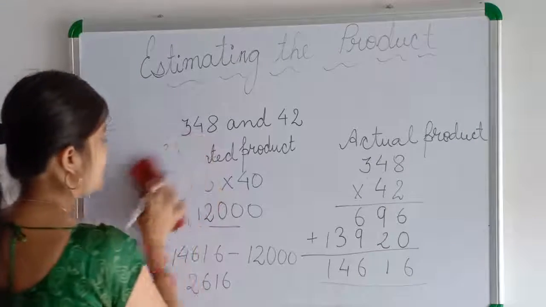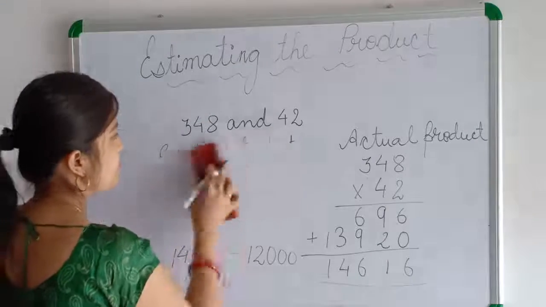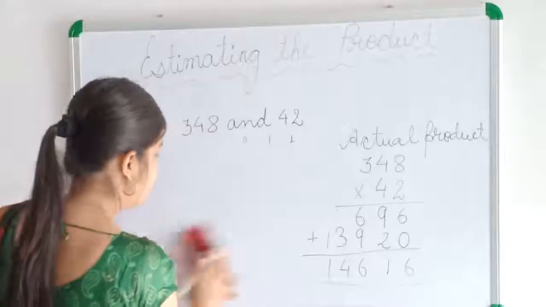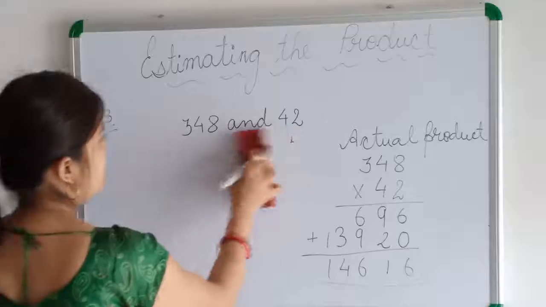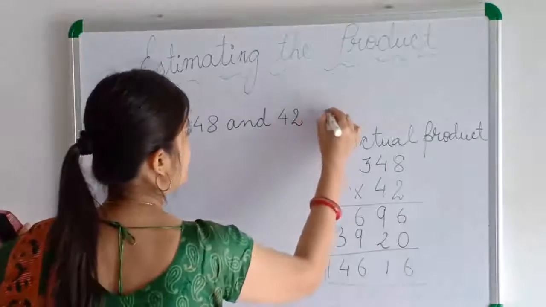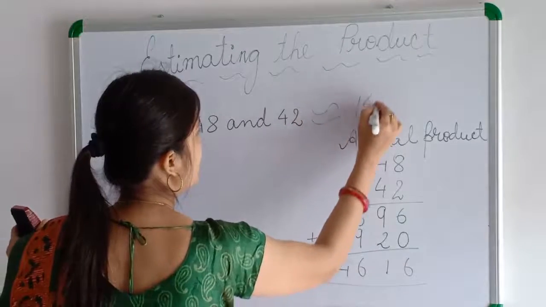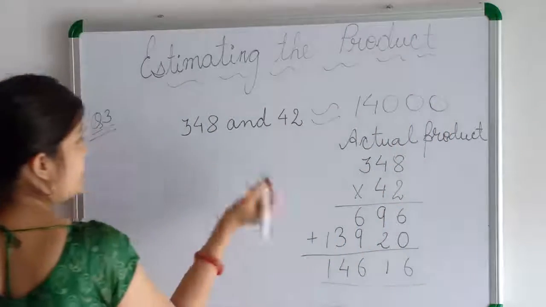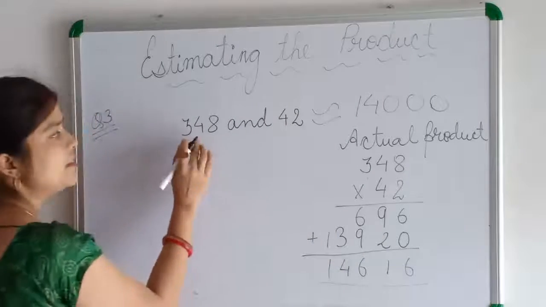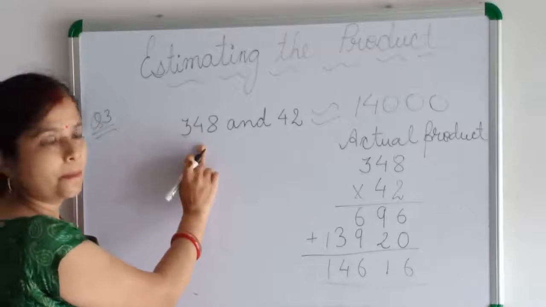You can see here in the question how they found the estimated product. It is given 14,000. So they estimated it to the tens place.